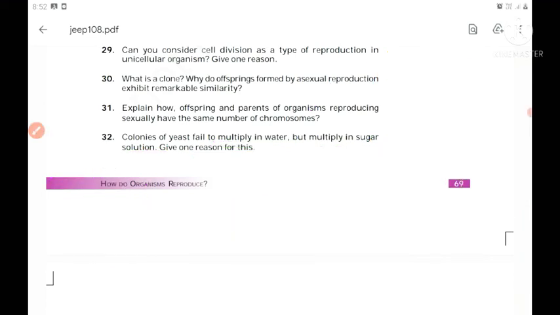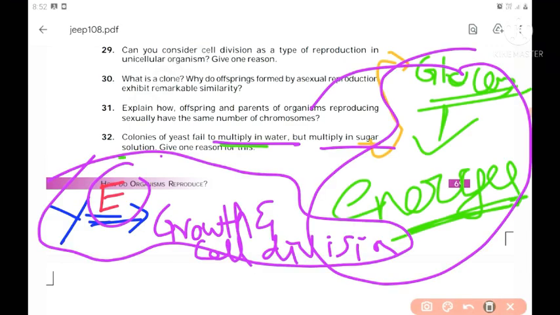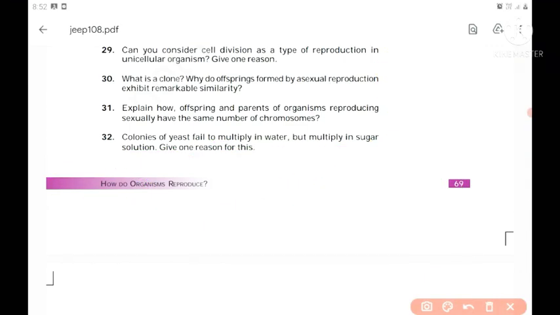So when we put it into the statements, yeast requires energy for its growth and cell divisions, whereas water does not provide the required amount of energy, but sugar solution provides the required amount of energy needed for growth and cell division. That's the reason it can multiply in sugar solution, right?